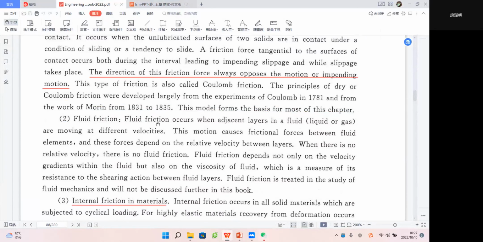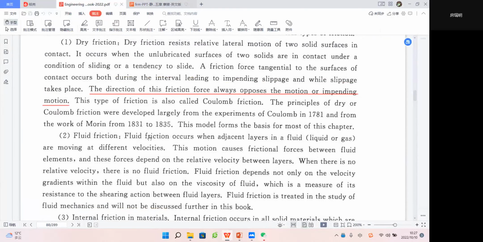Fluid friction occurs when adjacent layers in a fluid, liquid or gas, are moving at different velocities. So you can compare this fluid friction to dry friction. If the two bodies are in dry friction conditions, actually they should be in the state of balance.